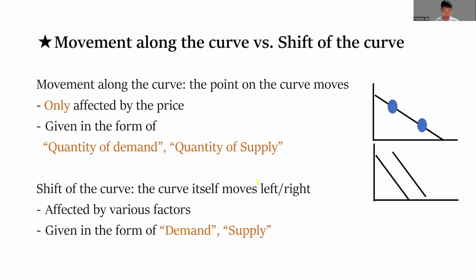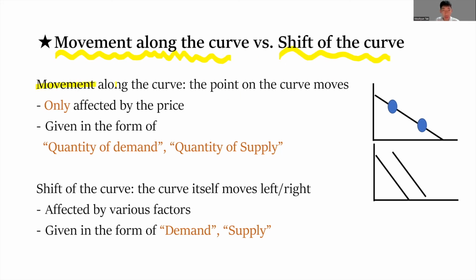Then now let's come back to the AP materials. This concept is very, very important, and there are many tricks asked on this one, so you must fully comprehend it. We will look at the difference between movement along the curve and shift of the curve.